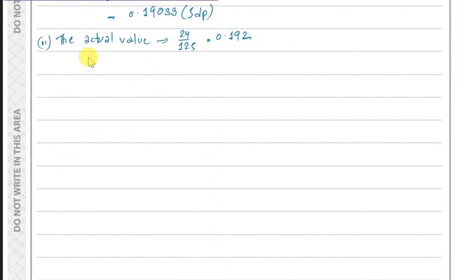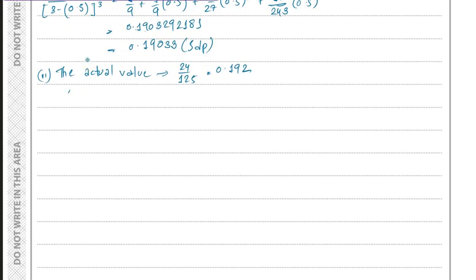So the percentage difference, or the percentage error, is calculated by using this formula: the actual value minus the calculated value, divided by the actual value, into 100%.